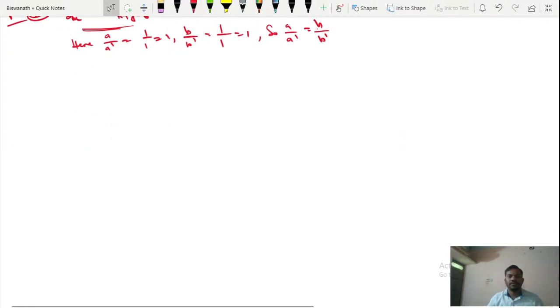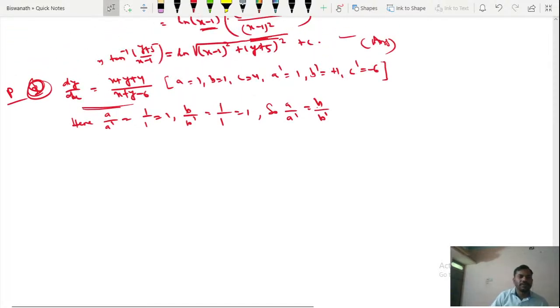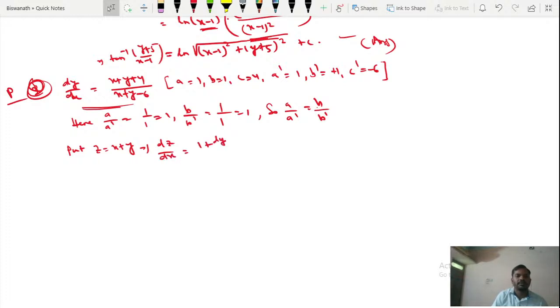So if both these things are equal, then put z equal to x plus y. So your dz by dx will be 1 plus dy by dx. Now I will write what my dy by dx will be, because I will replace it here in the given equation, let it be equation 1.